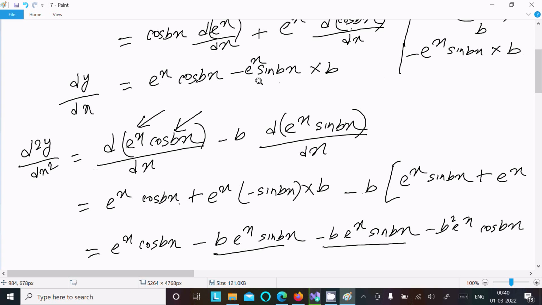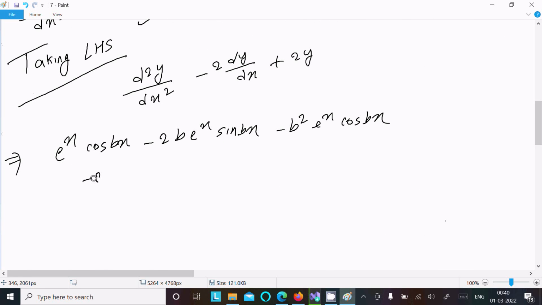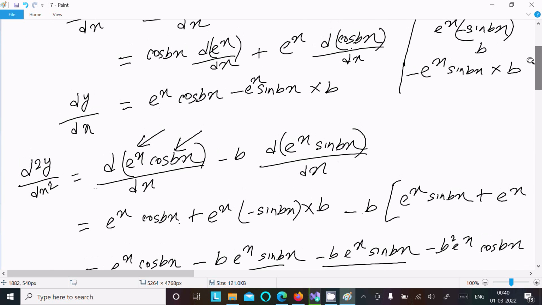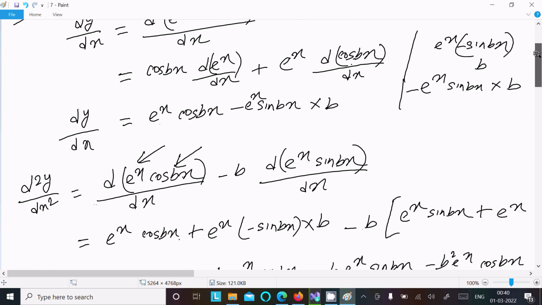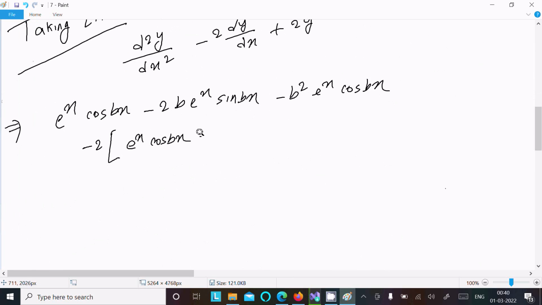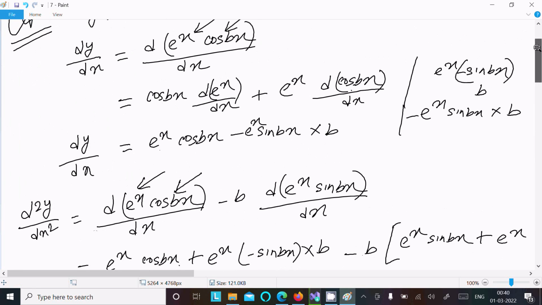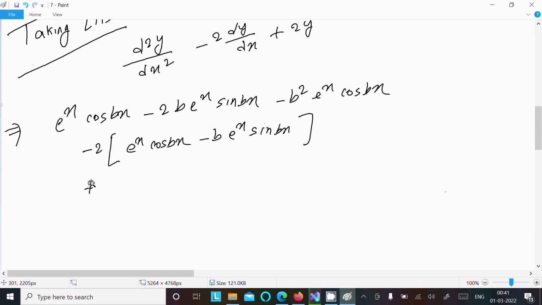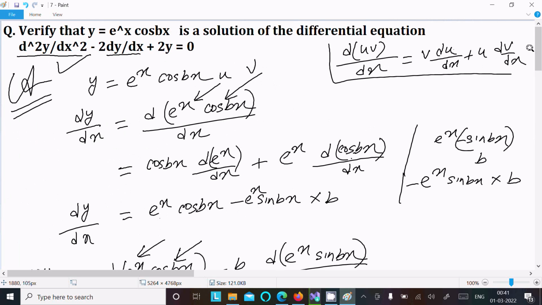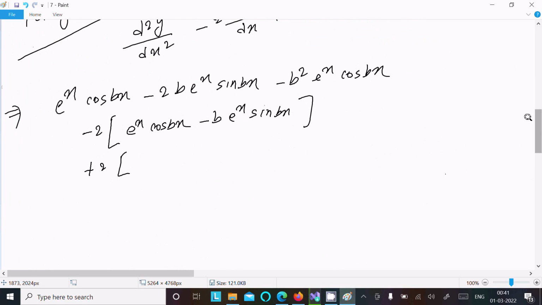So this is now minus 2 multiplying with this one, then e power x cos bx, and after that minus b e power x sin bx, and after that the y terms, so plus 2 e power x cos bx.